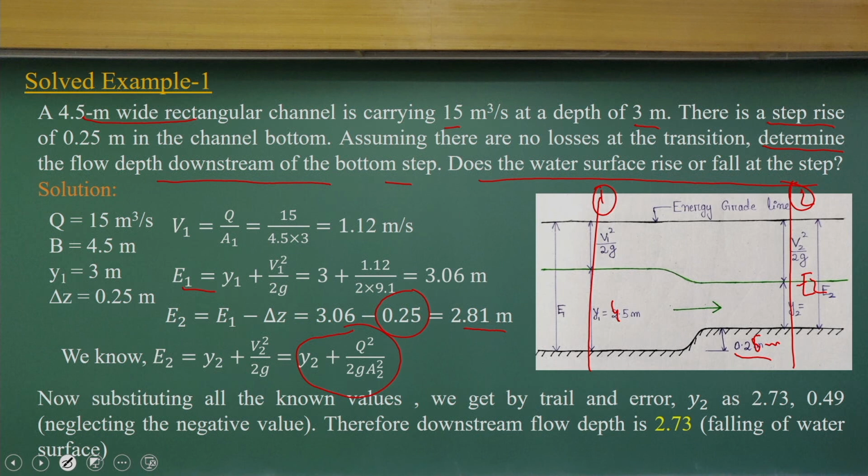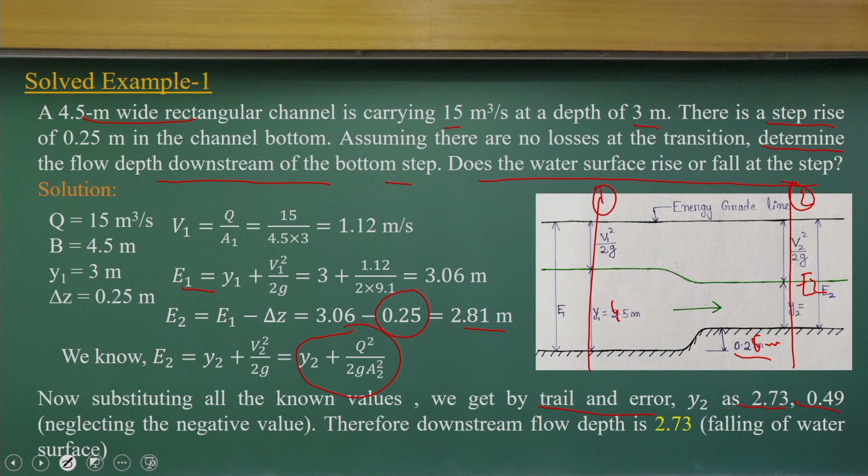So there are 2 unknowns, and A2 is a function of Y2 because B is known to us. We can use a hit and trial method because this is a cubic equation, and we can compute it by hit and trial.